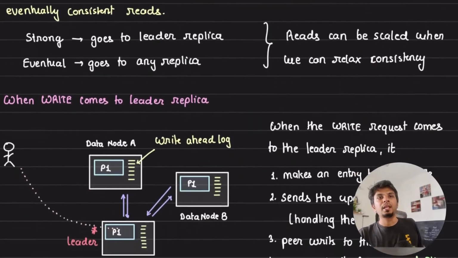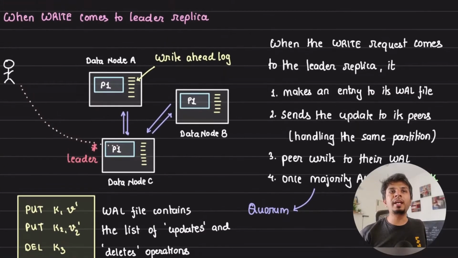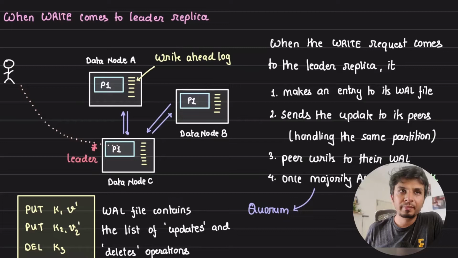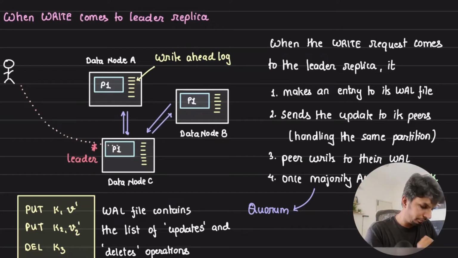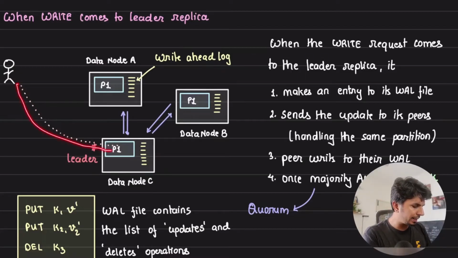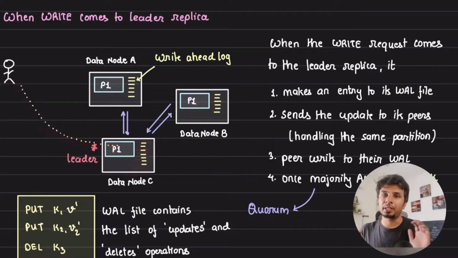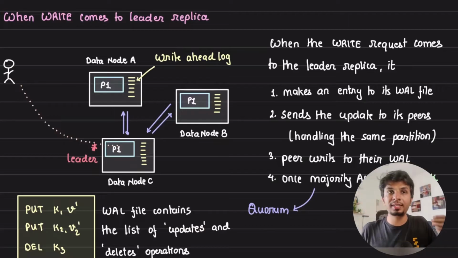Okay. So now, what happens when a write comes to the leader? The leader would accept the write in the write ahead log file on its machine. So data node C is the one where the write request came in because it holds the leader for partition 1.